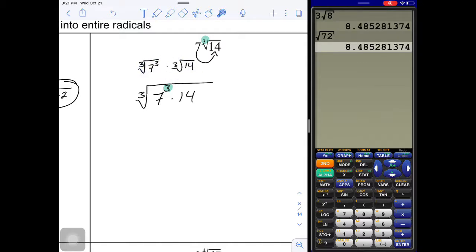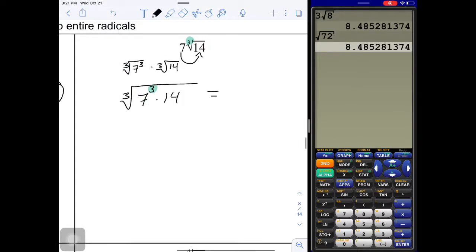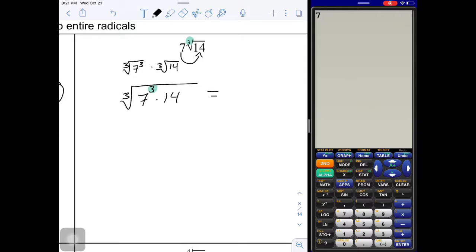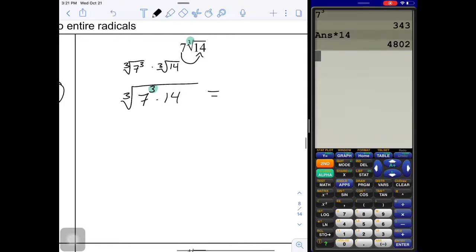Then we can bring both of them under the same radical since they have the same index. What will that equal? Well, 7 to the power of 3 is 343, multiplied by 14. So this is the cube root of 4,802.